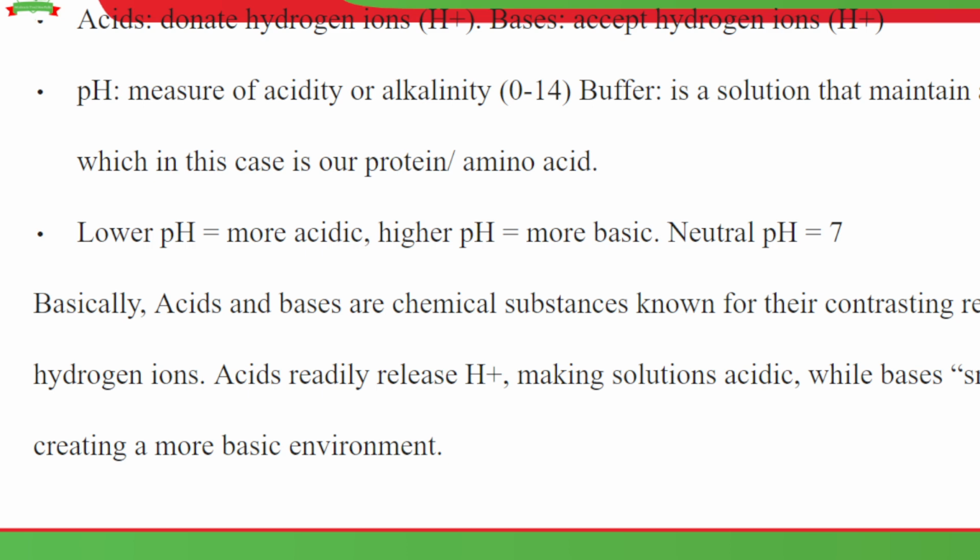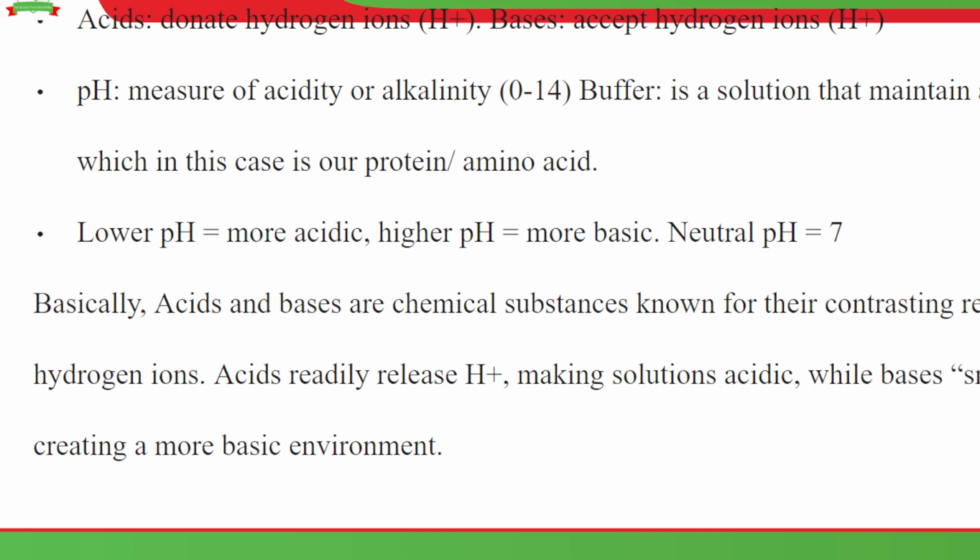A buffer is a solution that maintains a constant pH, which in this case is our protein or amino acid. We are not looking into chemical buffers, but we are going to focus on amino acids as a buffer solution. A lower pH is more acidic, a higher pH is more basic, and the neutral pH here is 7.